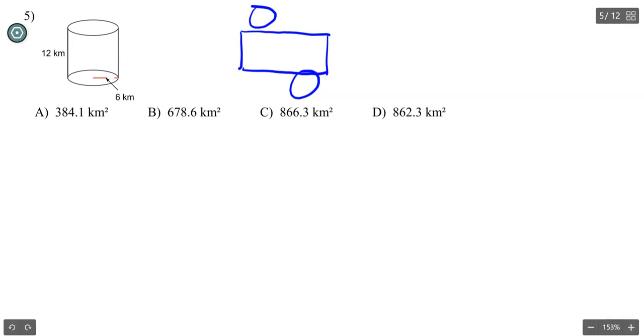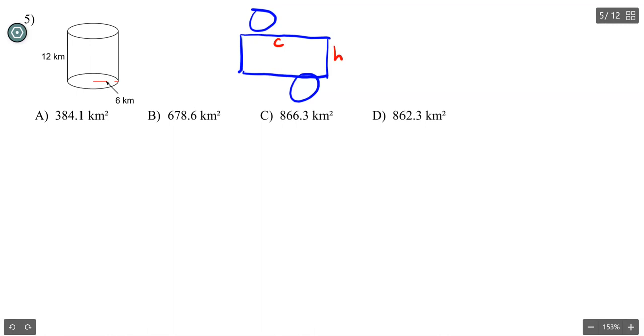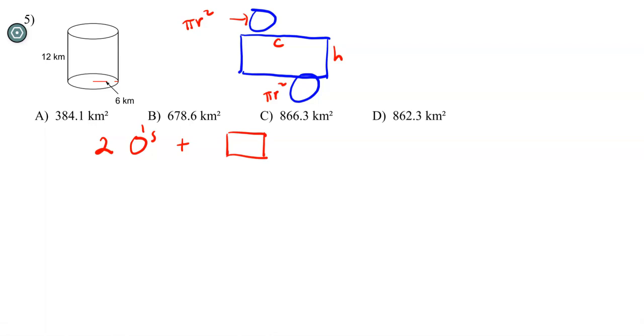So this length here is actually C, and then we have the height. And then we've got to figure out the area of these circles. Remember, each circle is pi r squared, and we have a top and a bottom, so we have 2 circles plus a rectangle. But the rectangle isn't as easy as just length times height, because it's actually circumference times height.